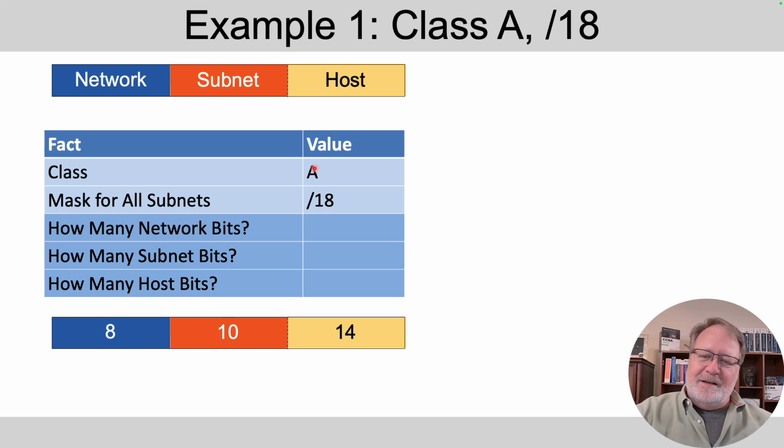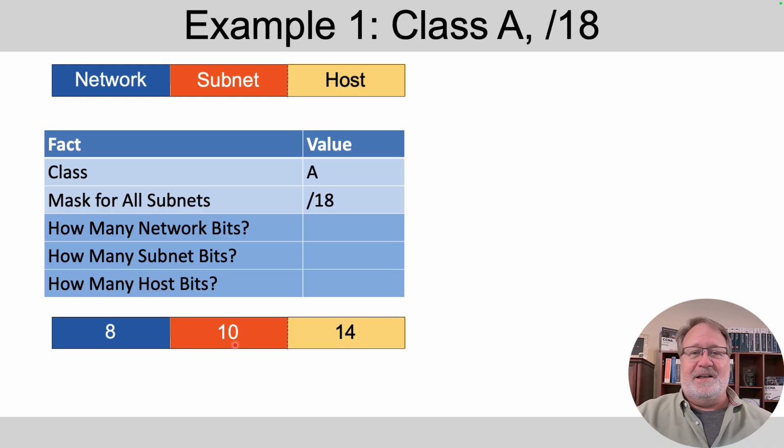Why 8? Class A, from memory, we know Class A networks have 1 octet or 8 network bits. With the mask we're using, /18, you remember that the network plus subnet bits should add up to the prefix length of 18, so 8 plus 10 gives us 18. And then all three fields should add up to 32.